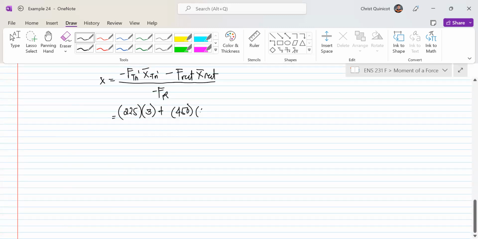So times 4.5, all of this expression is divided by 675. So therefore, our location of the resultant force should be bar x, or just x, because it is not the centroid rather. So that's 225 times 3 plus 450 times 4.5 divided by 675, and that is 4 feet from A.